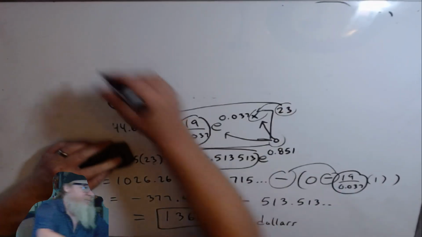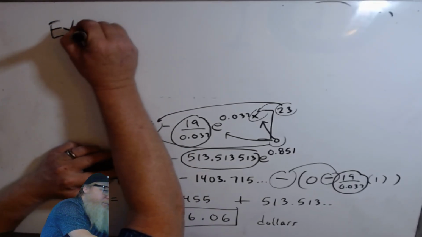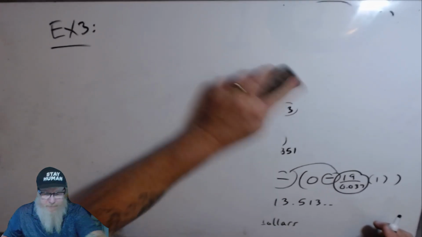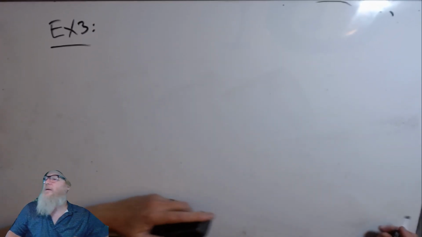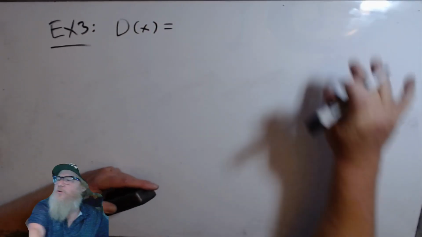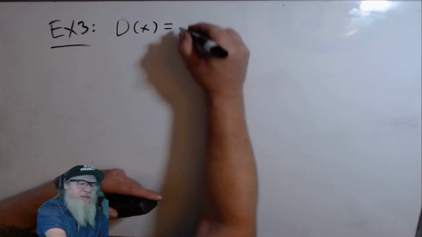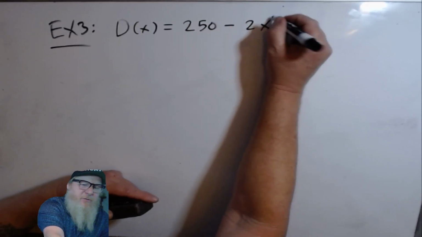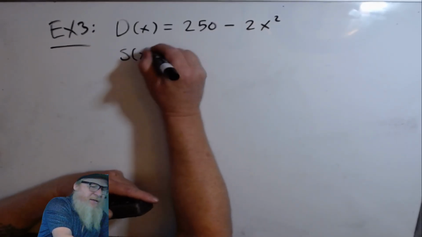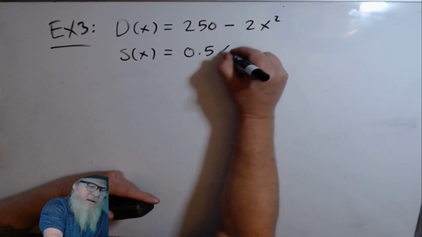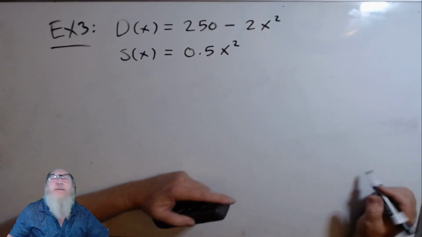Example 3. All right, suppose we have two quadratics. 250 minus 2x squared and 0.5x squared.